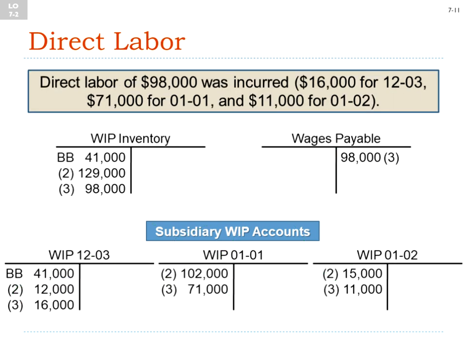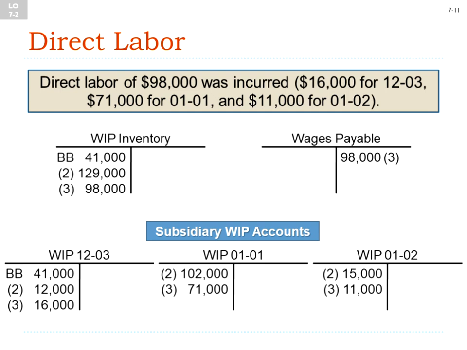Right, next we look at direct labor. So InShape Inc. processed the time tickets for the workers, which were all direct labor. The total was 98,000. 16,000 of that was for job 1203. 71,000 was for job 101, and 11,000 was for job 102.